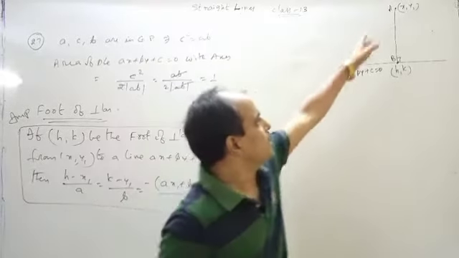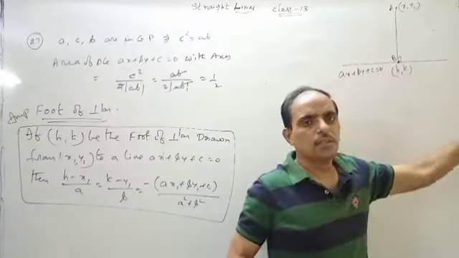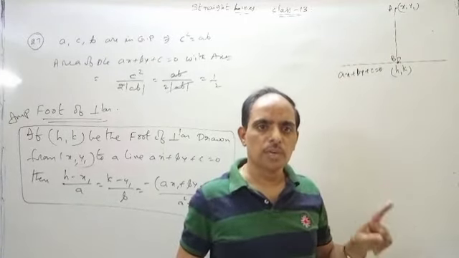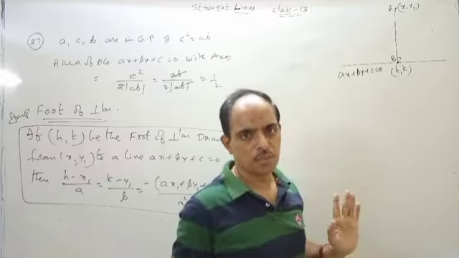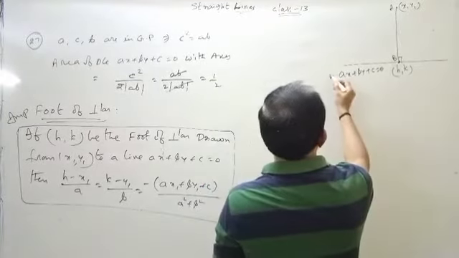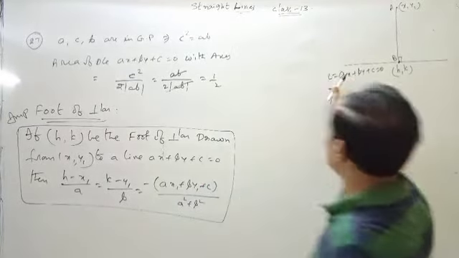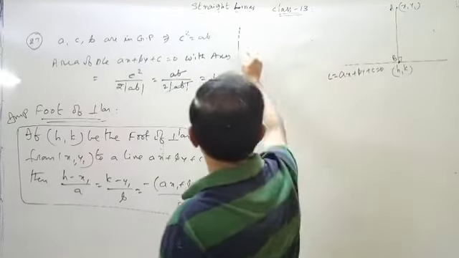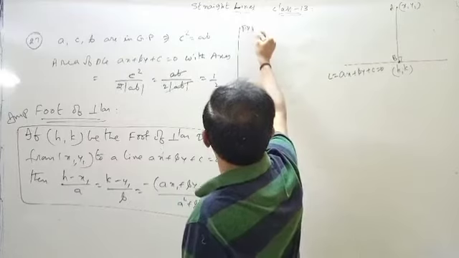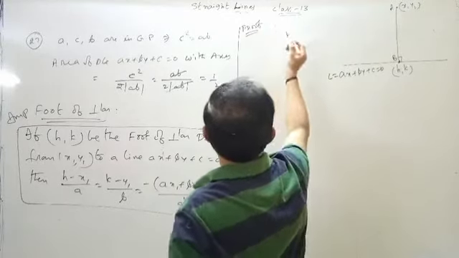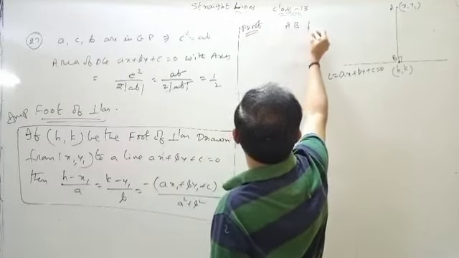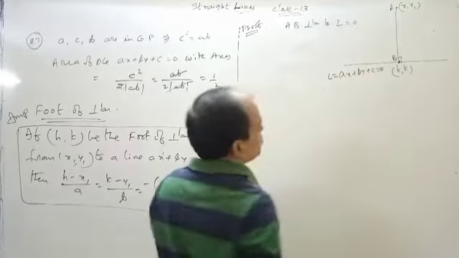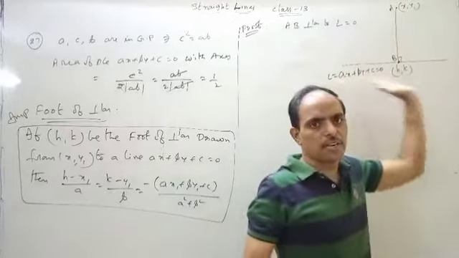You see, this one and this one are perpendicular. Whenever two lines are perpendicular, the product of the slopes is equal to −1. I am taking the line as L. So, what about the proof? AB is perpendicular to the line L = 0.